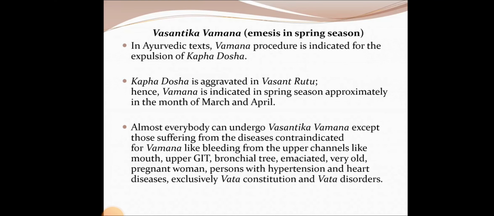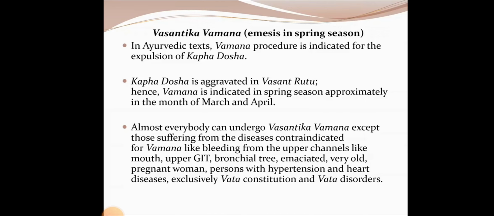Vamana is indicated for the expulsion of Kapha dosha. We have already learned this in the fundamental principles of Shodhana, Yatha Dosha Harana. Kapha dosha is provoked in Vasanta Kala, so we do Vamana Karma in Vasanta Kala, approximately in the months of March and April.